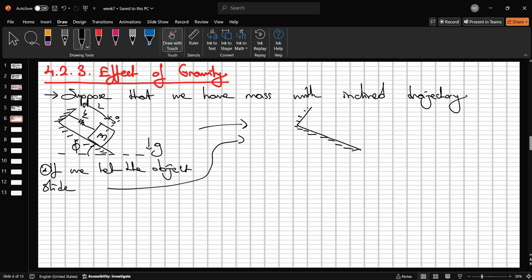It's the wall, this is the angle phi, and also this one, m, and then we have the initial length L, but we have some deflection in here, sigma st. And we have one more parameter in this case, because we let the object slide on this path, and it stops at some point, okay.